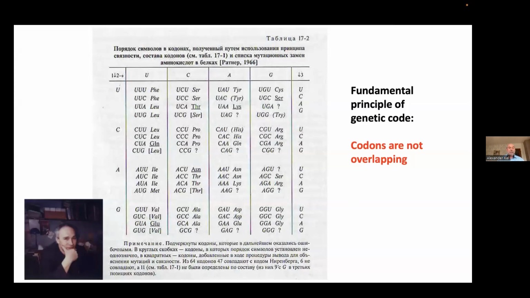Just a side remark. The major thing found out in the genetic code, its fundamental principle, is that codons, when they encode a gene, don't overlap. They go one after another, like in a text.